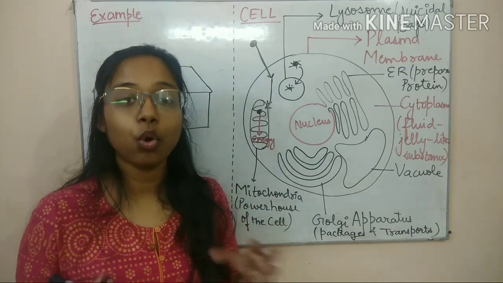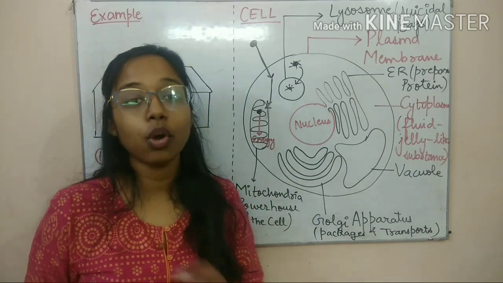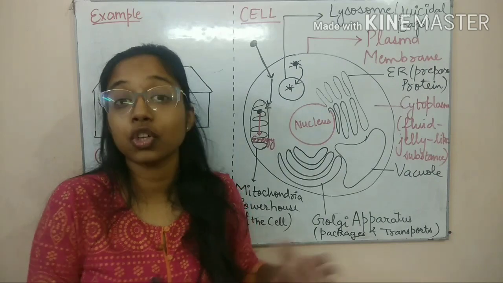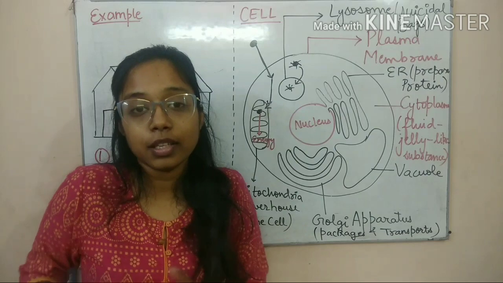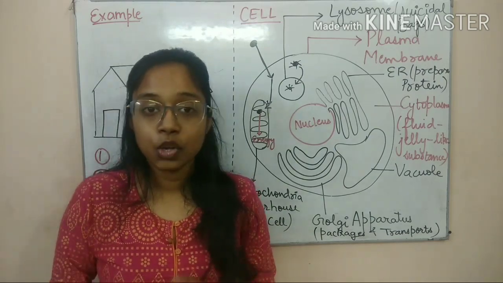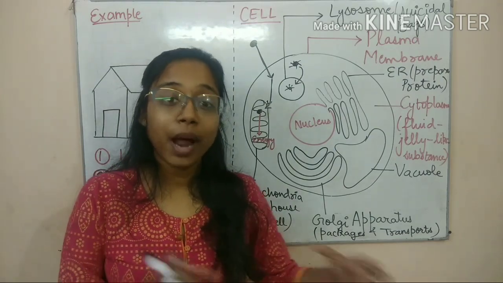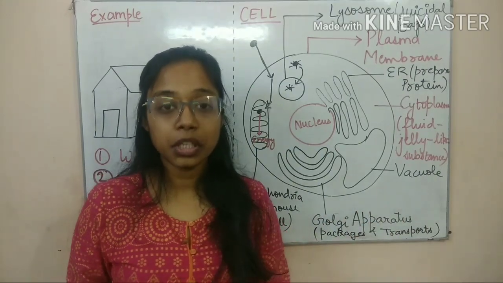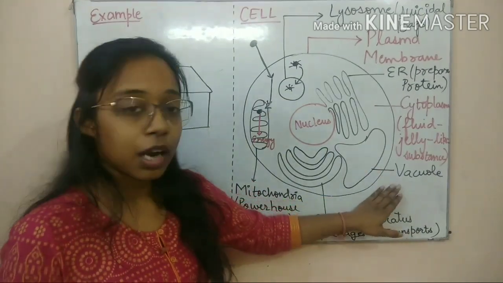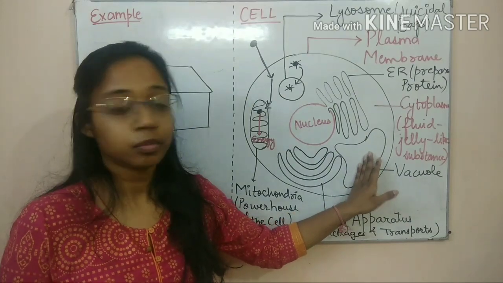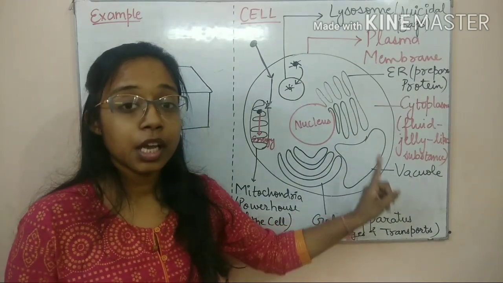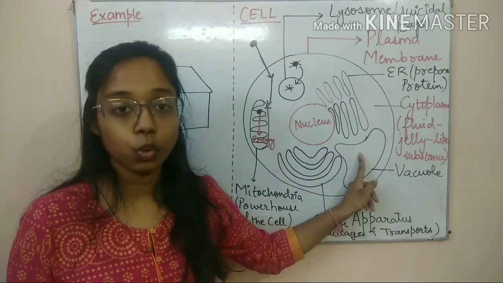What if there is no water for them? What if there is no carbon dioxide for them, which is actually their food? So in that condition, what will they do? They'll starve and they'll die. So to combat these starvation conditions, plants reserve some food material inside them, and that food material is stored in the vacuole.